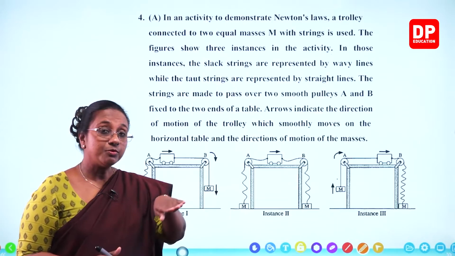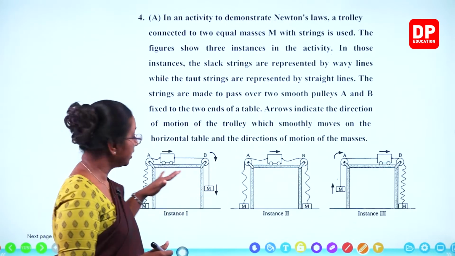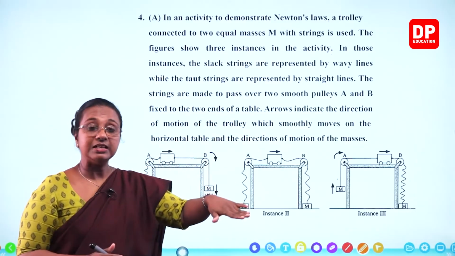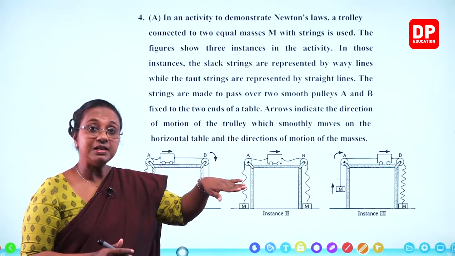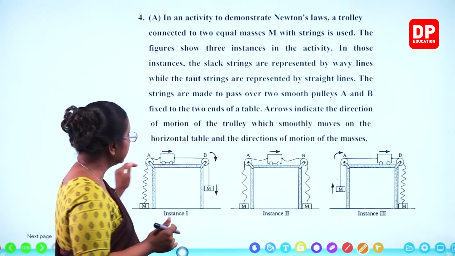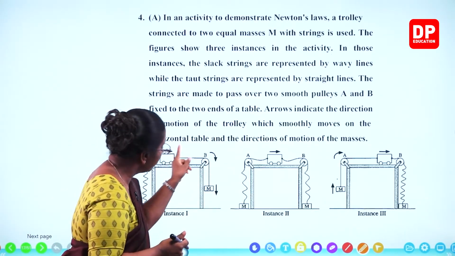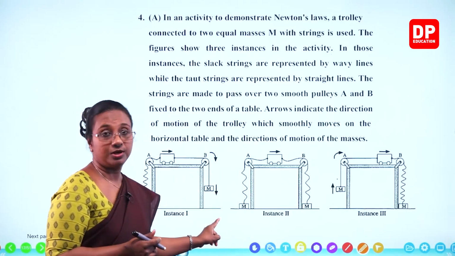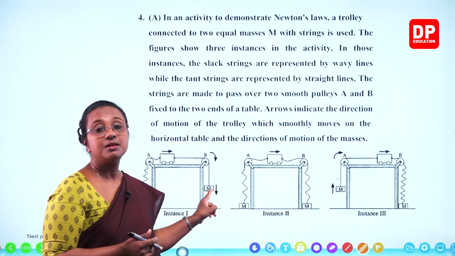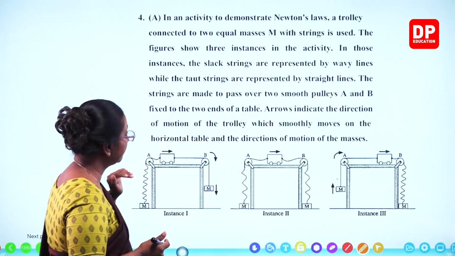The trolley can move smoothly, and it is only due to the force exerted. If it was an inclined table, then there would be other forces due to gravity. But here that effect is not there, only due to this pull, the force applied by the mass, there is movement. That is what you need to understand.